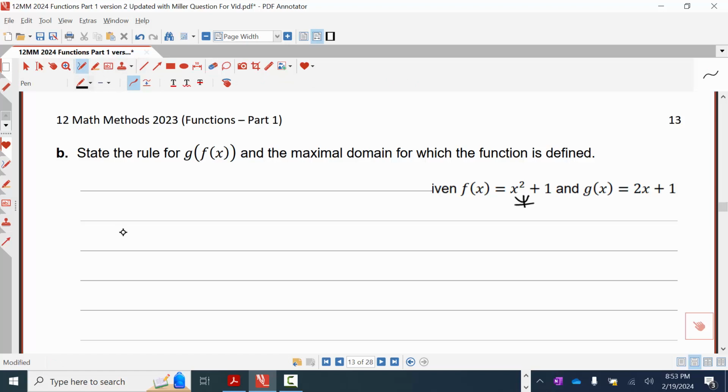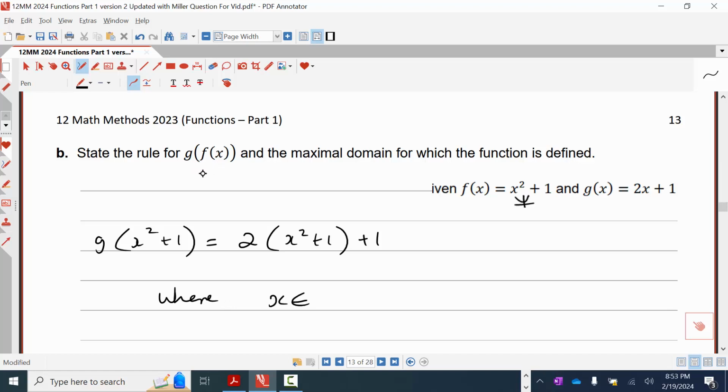So that will be g of, now f of x is this, x squared plus 1. So we're going to put that in here, which is 2 brackets x squared plus 1 plus 1. So replace x with f of x. All right, its domain, where x is an element.